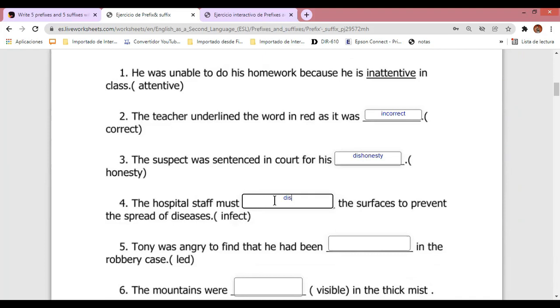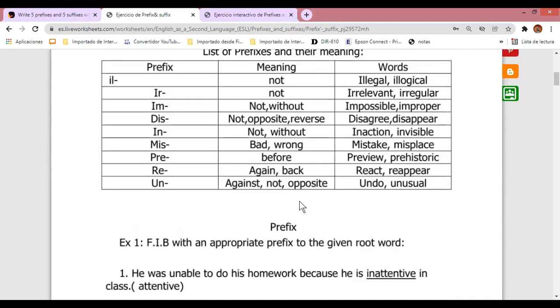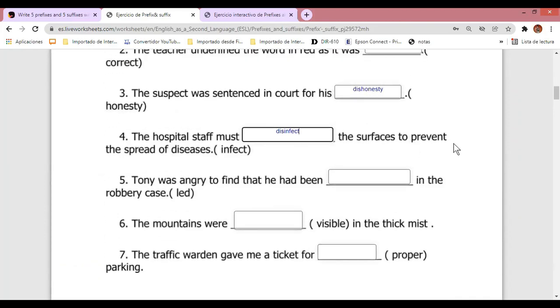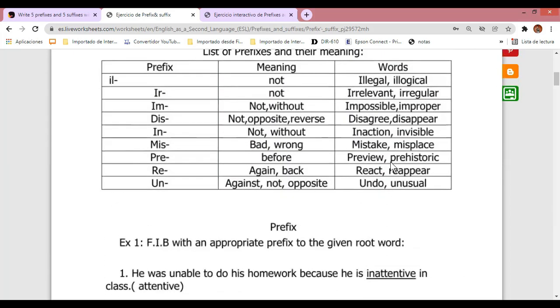Defect. Please help me, Alexander. I'm going to find that in vaccine. What do you think is a perfect prefix?